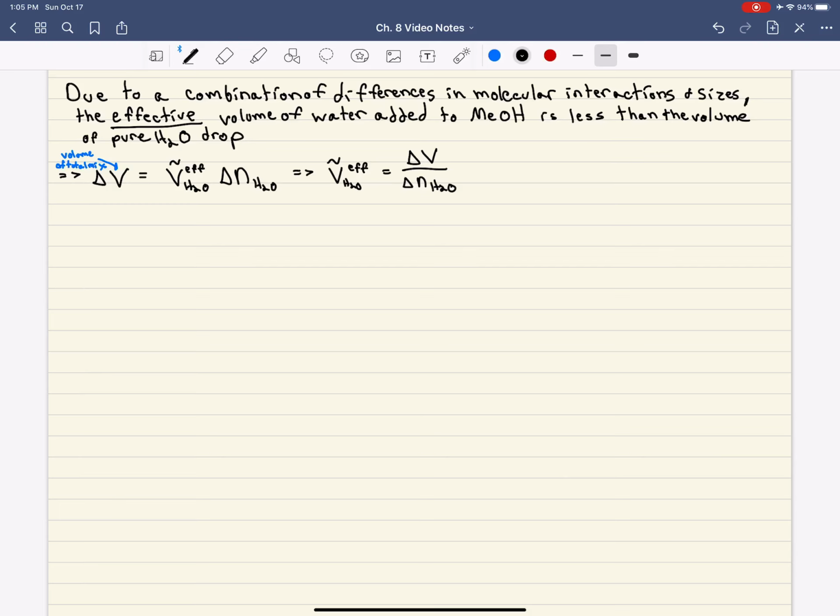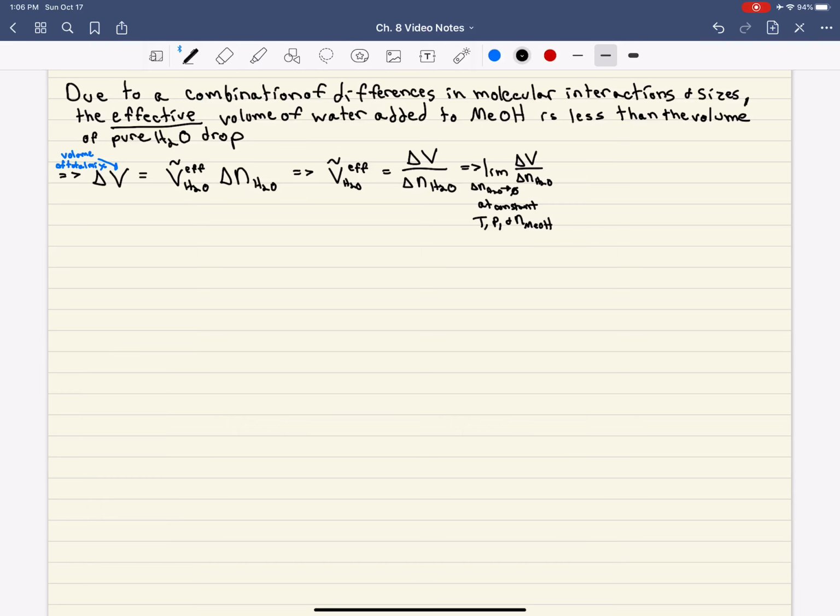But now what we could do is take the limit of that ratio. So the limit of delta V over delta n H2O, as n H2O goes to 0 at constant T, P, and also constant moles of methanol, right? We didn't add any moles of methanol to the system. We only added moles of water.